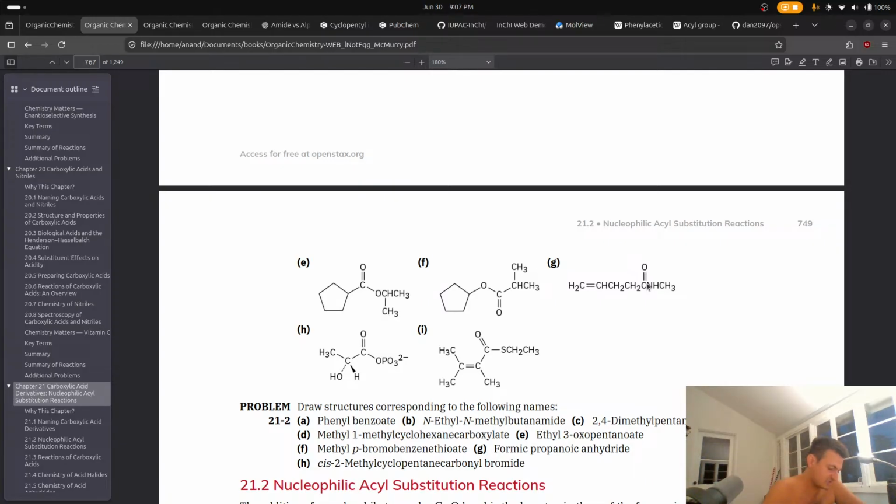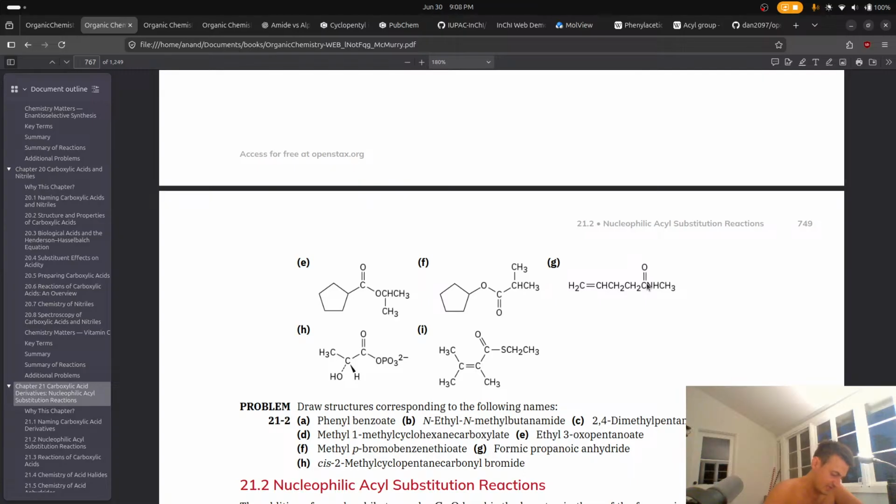Okay, so this is gonna be first off N-methyl. Okay, then the base acid is going to be pent-4-enoic acid.